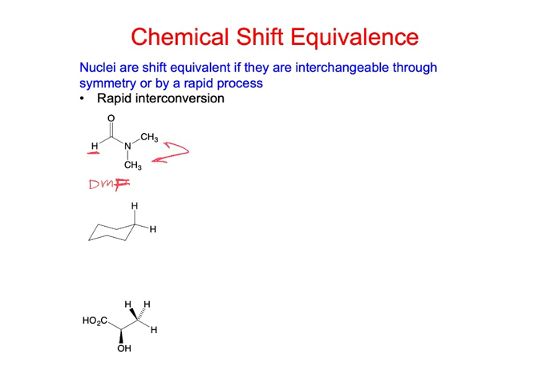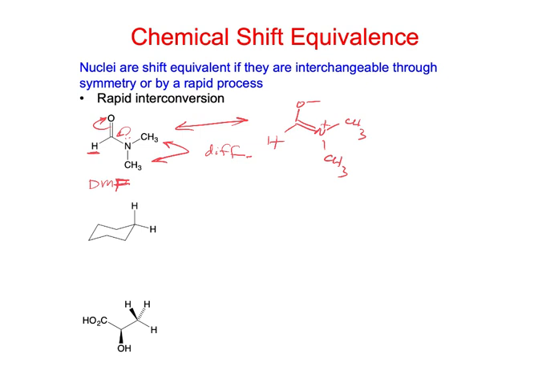Methyl, right. So here, if we had free rotation, then we should get a single signal. But in fact, for DMF, these two methyl groups have different chemical shifts because there's this resonance, as in all amide bonds, which hinders the rotation.